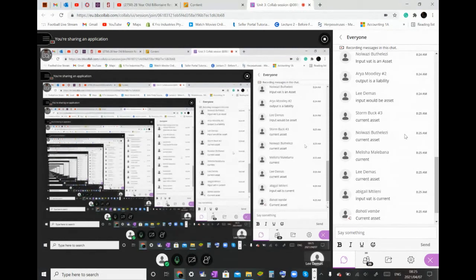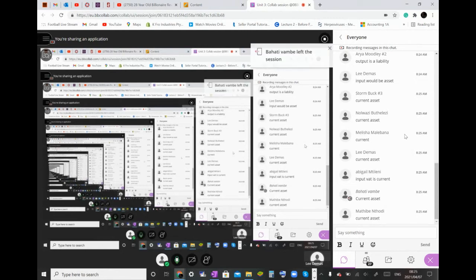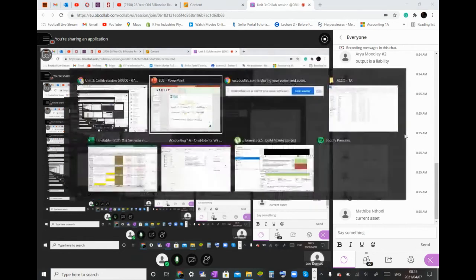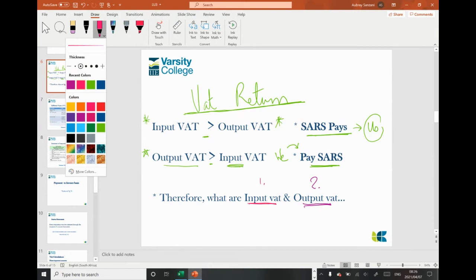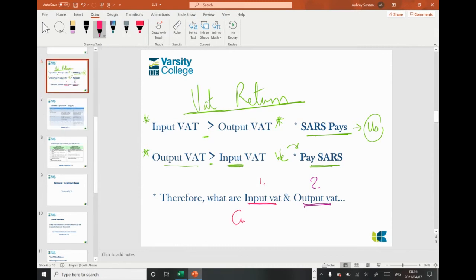Nawazi, current. Okay, so you guys are 100% right. I'm taking my time with this because it is very important. It is a current asset.